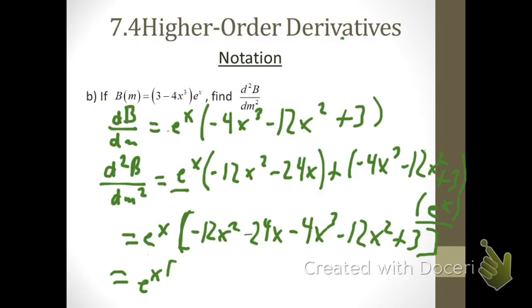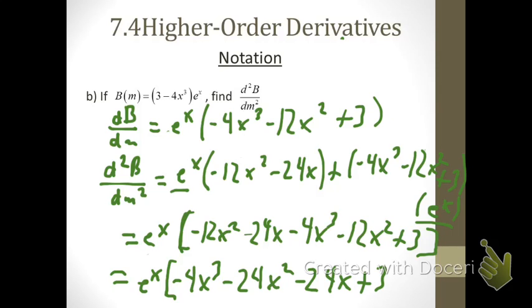There are a couple of like terms that we can combine there. I'll write the highest order term first: e to the x times (-4x cubed minus 24x squared minus 24x plus 3). It really wasn't that tough, it was just applying a derivative twice, right? Let's try the next example.